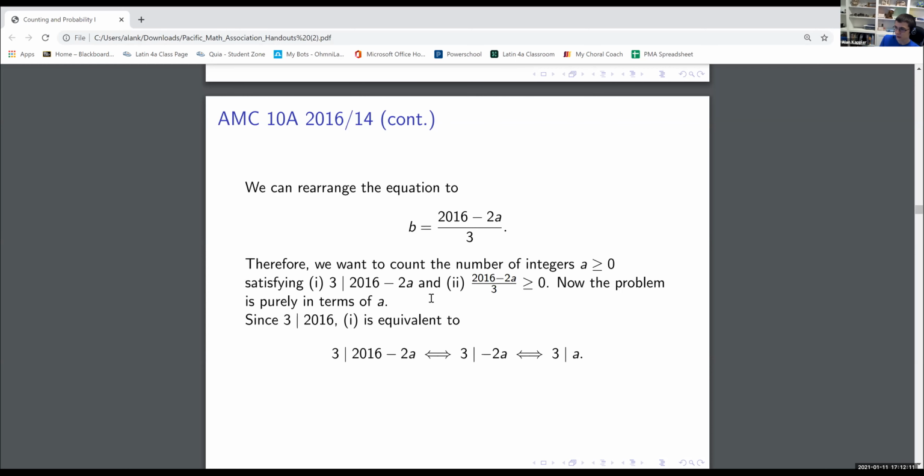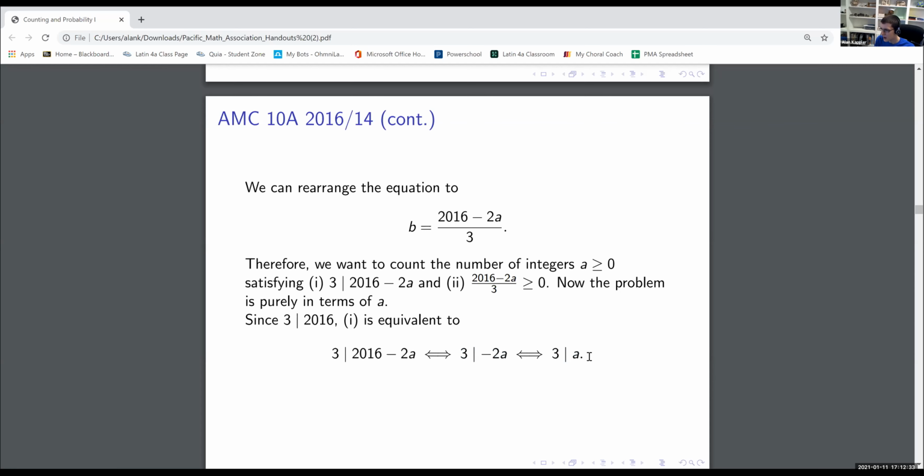So we have 3 is a divisor of 2016. So since 3 is a divisor of 2016 minus 2a, we'll also have that 3 is a divisor of minus 2a, and therefore a is a multiple of 3.